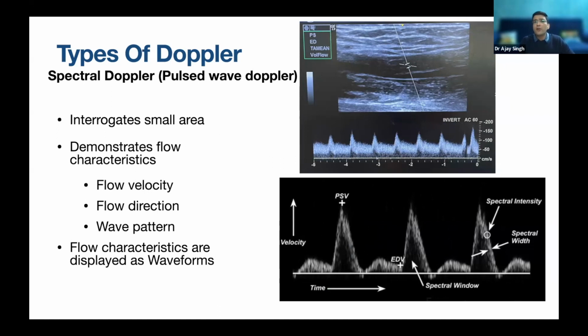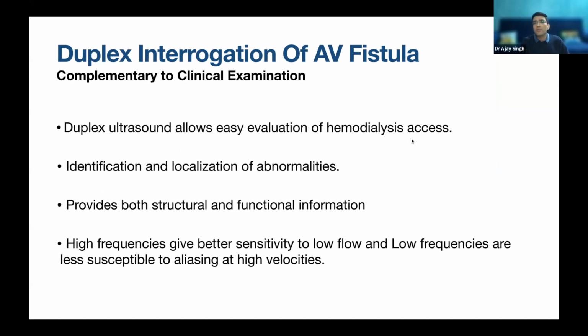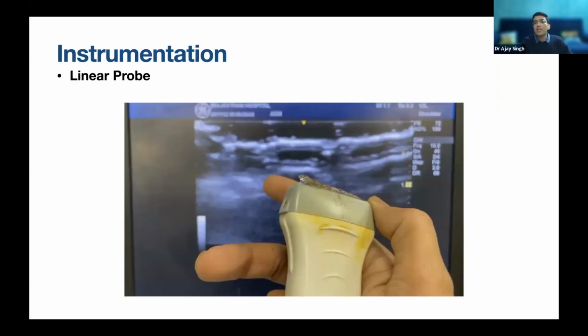Duplex interrogation of AV fistula helps in easy evaluation of hemodialysis access, because the arteries and veins are superficial, so they can be easily evaluated on ultrasound. Along with the B mode, they help us identify and localize abnormalities and interrogate them both structurally and functionally. The most commonly used probe for this is the linear probe, which has a frequency of 5 to 12 megahertz.